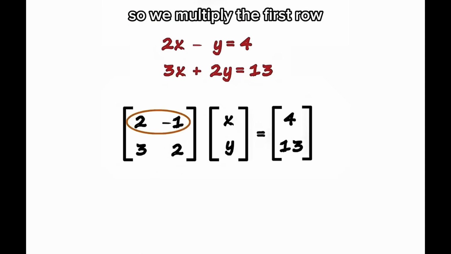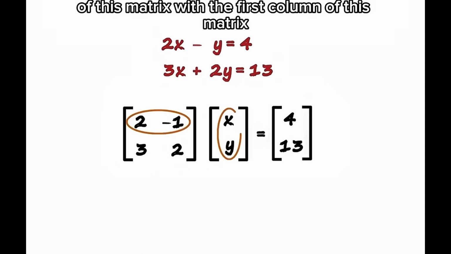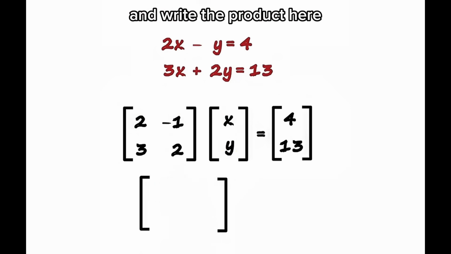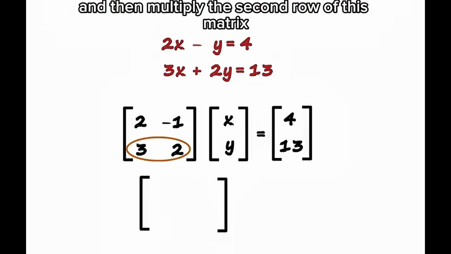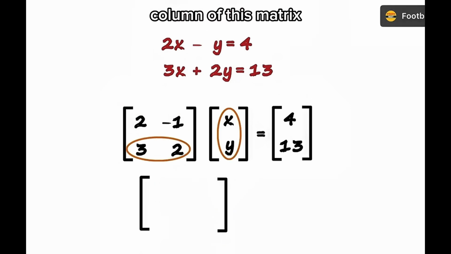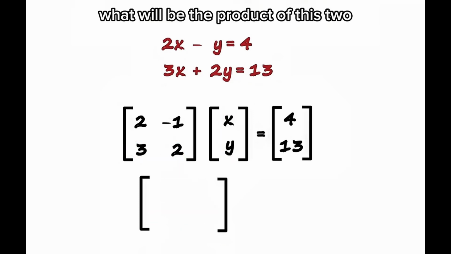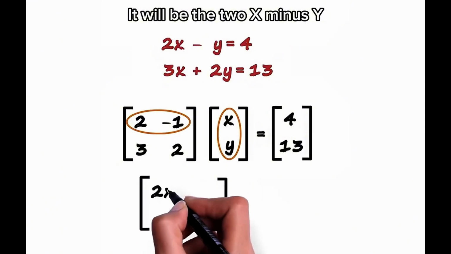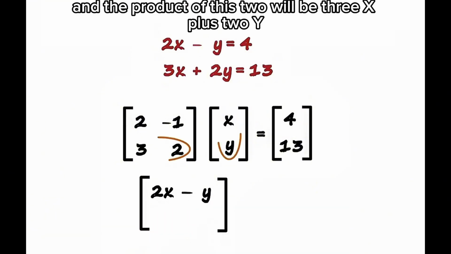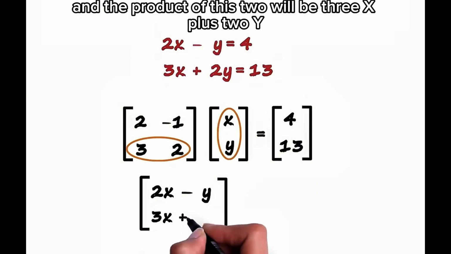So we multiply the first row of this matrix with the first column of this matrix and write the product here. And then multiply the second row of this matrix with the first column of this matrix and write the product here. What will be the product of these two? It will be 2x minus y, and the product of these two will be 3x plus 2y.